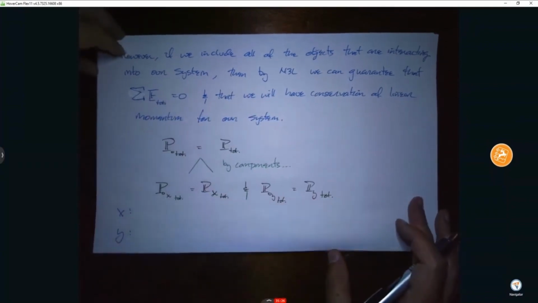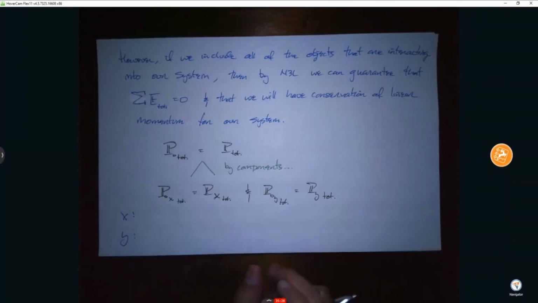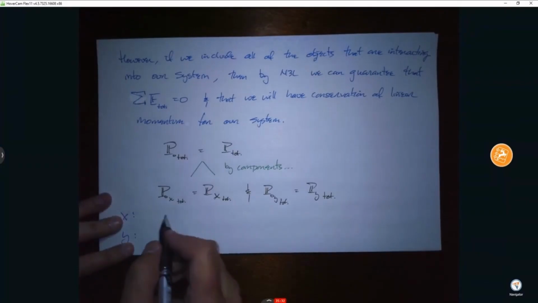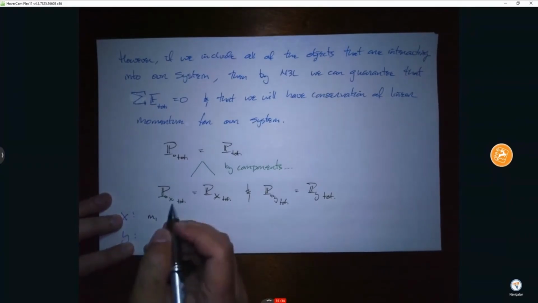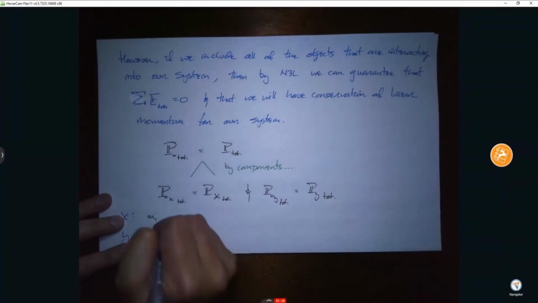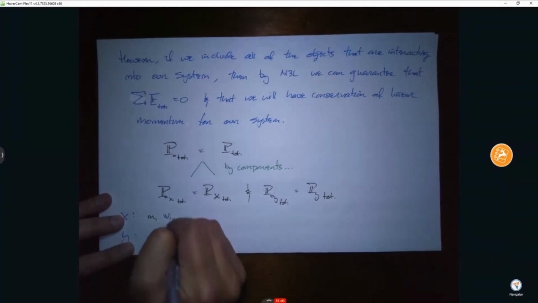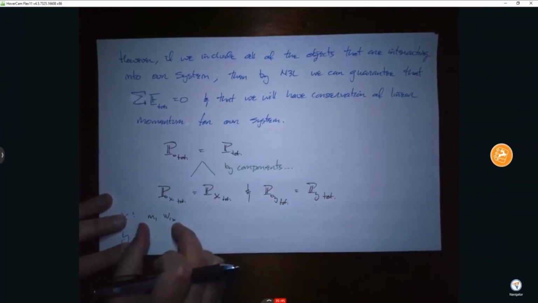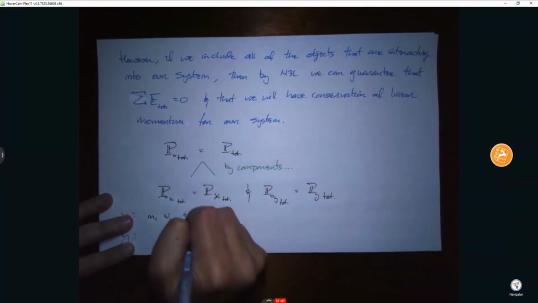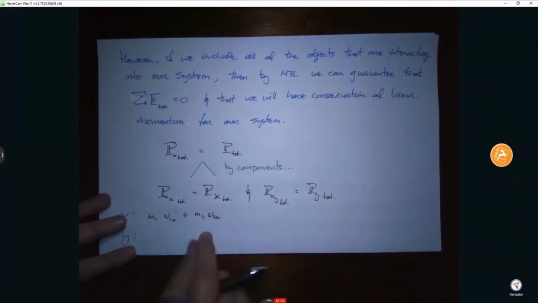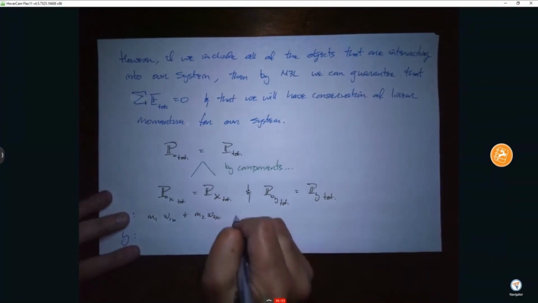I think we'll probably be limited to 2 and 3 objects predominantly anyway. So you'll have the mass of object 1, and as a general rule, the masses of our objects aren't really going to change, and the X component of the velocity of object 1. So this is the momentum of object 1 plus the mass of object 2 times the X component of the velocity of object 2.